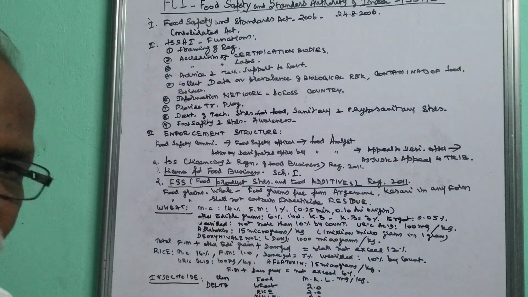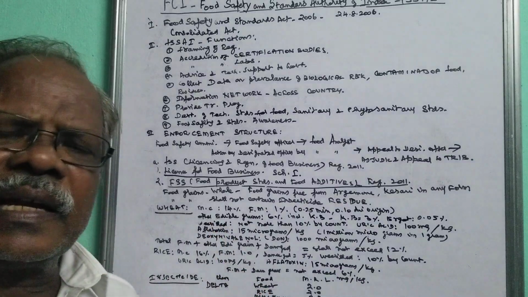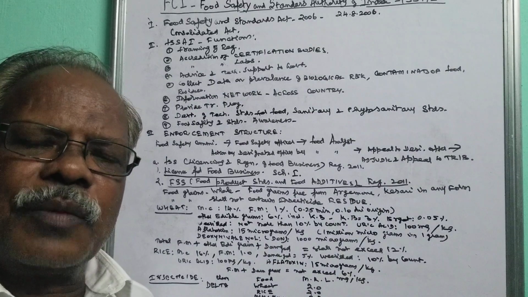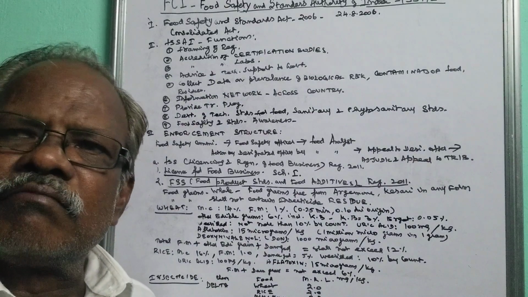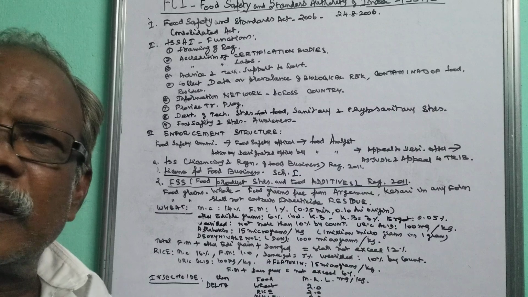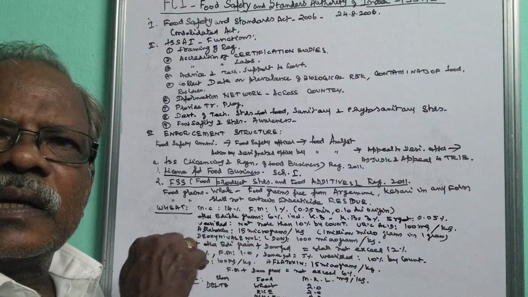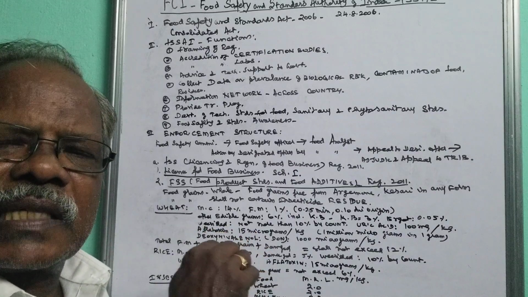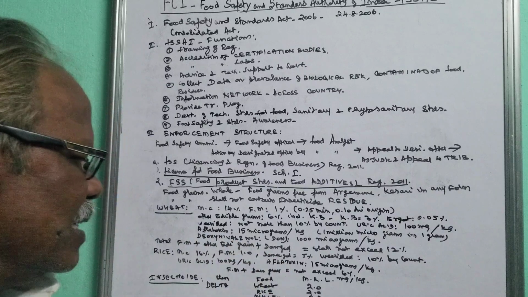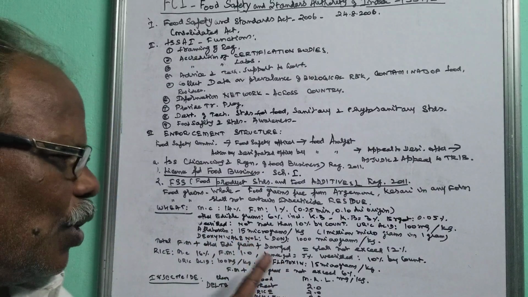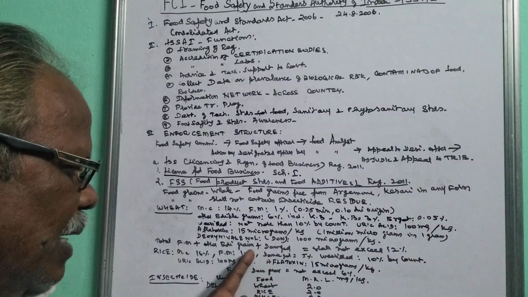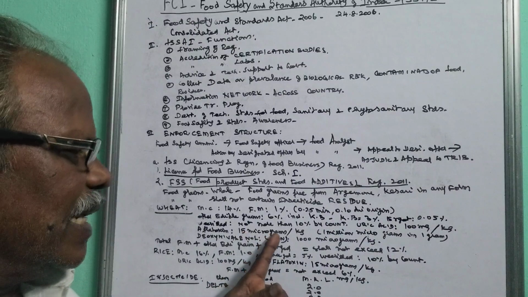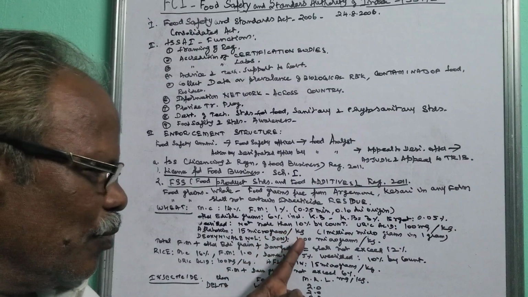And regarding aflatoxin, it is a highly dangerous toxin produced by a fungus called Aspergillus flavus, and that should not exceed 15 micrograms per kg.